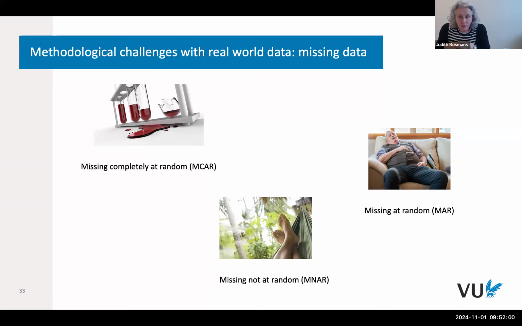However, it's also possible that we have data that's missing not at random. In that case, we have a missing value on one of our outcomes, but the missingness is actually related to the value of that outcome measure, the value that we did not observe.